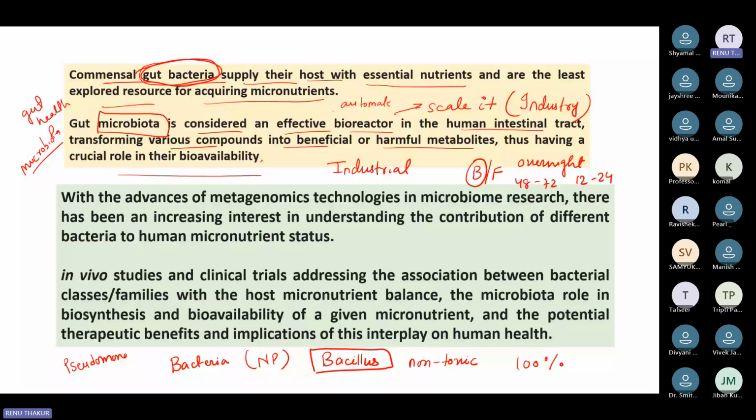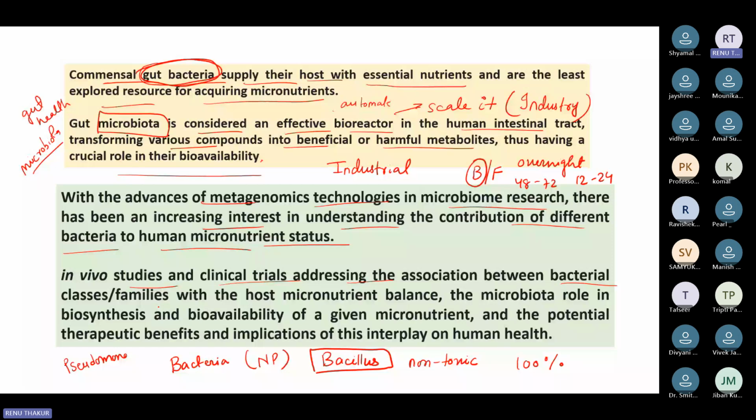With the advances of metagenomics technologies in microbiome research, there has been an increasing interest in understanding the contribution of different bacteria to human micronutrient status. Many in vivo studies and clinical trials address the association between bacterial classes or families and the host micronutrient balance.